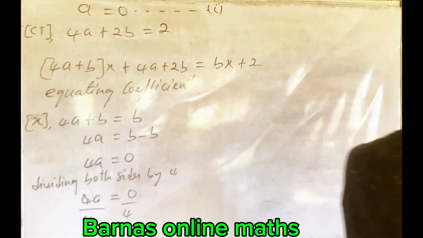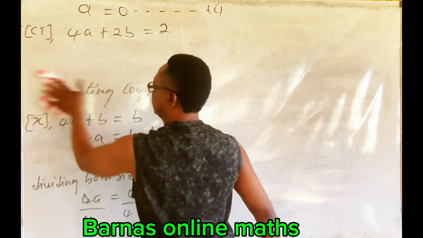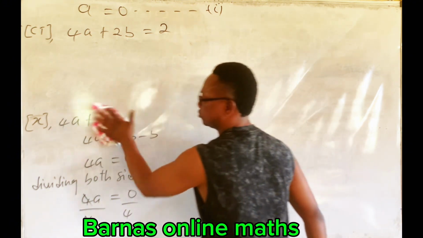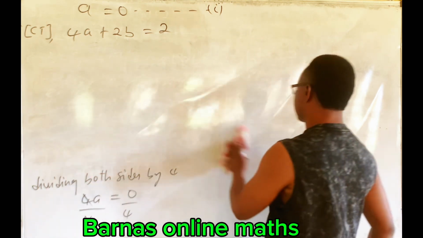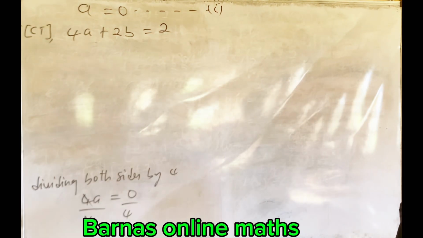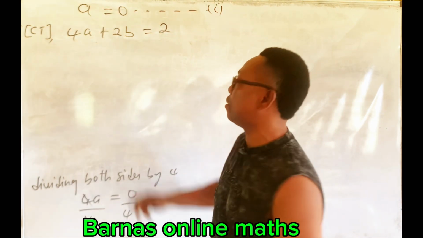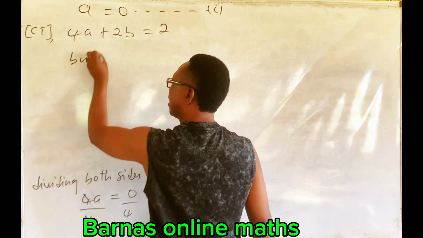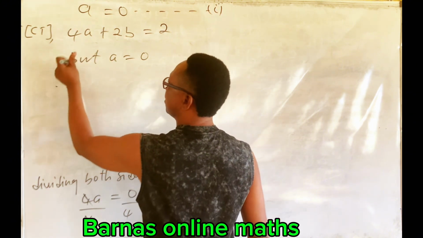Let me clean the board. Okay, now do we know a? Yes, we know a now. Our a is said to be 0, but our a has been gotten to be 0. Therefore, we now have 4.